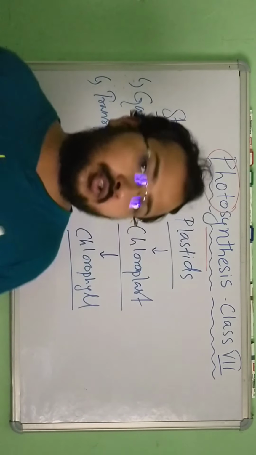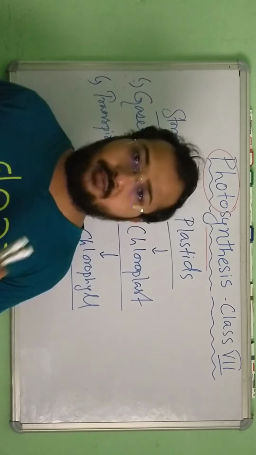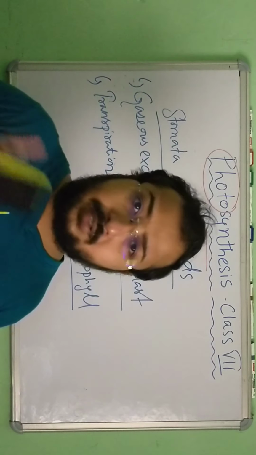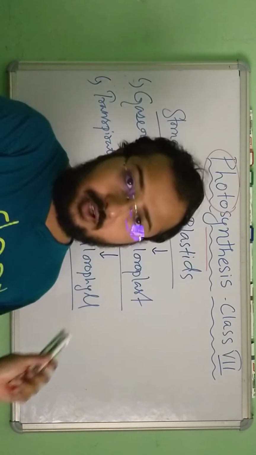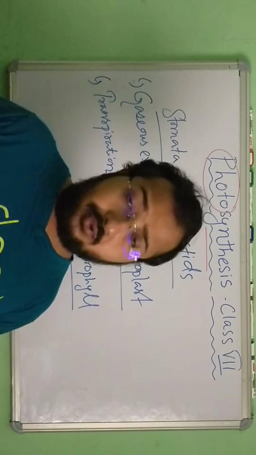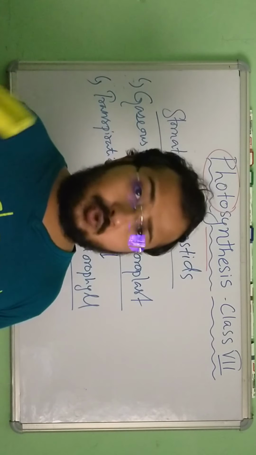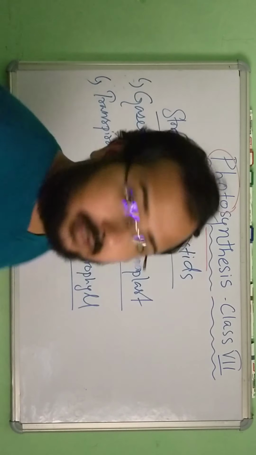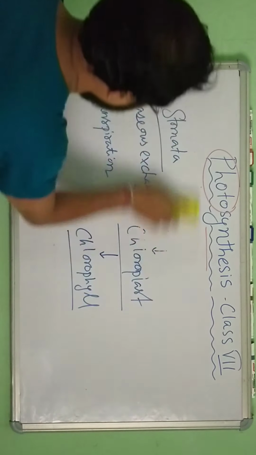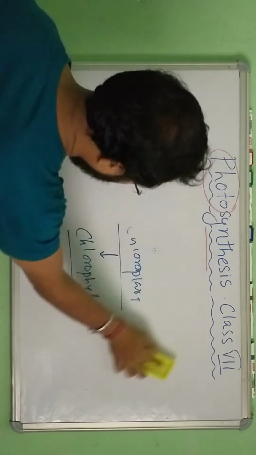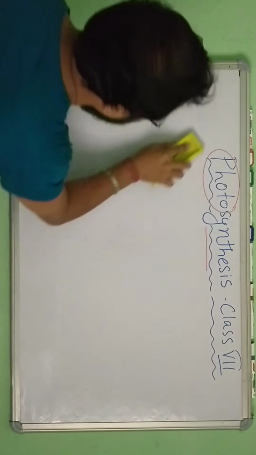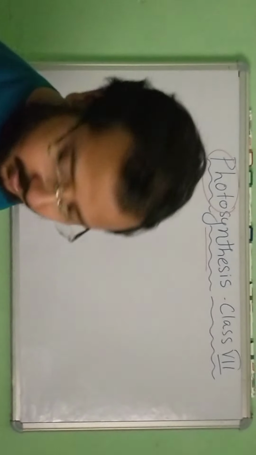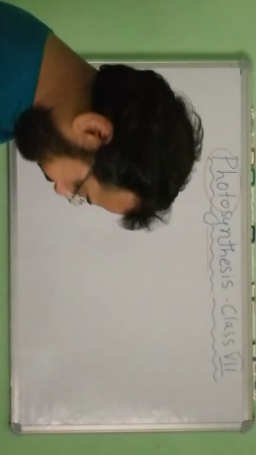I want you also to draw the diagram step by step as I draw here, so that you will be able to learn how to draw it, and then twice or thrice just need a practice. Then you will also be able to draw the diagram. So the section of a leaf I am going to draw now, where some very important labelings are also there. Let's start.